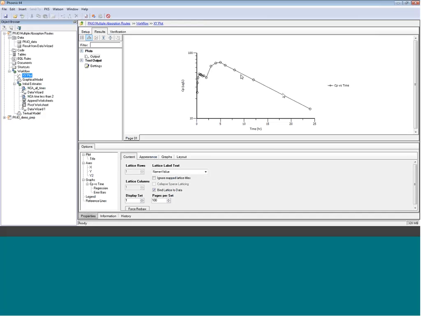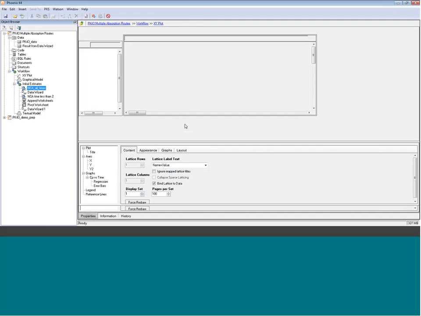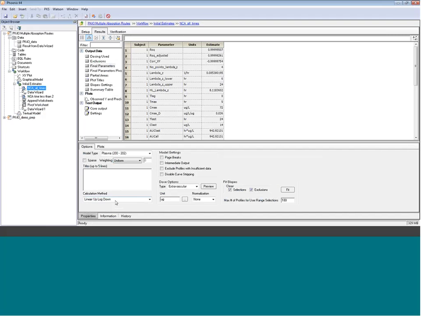The elimination phase is typically fit with a log linear regression, whereas the absorption phase might be fit with a linear. So when you choose the linear up log down method in the non-compartmental area calculations, it uses the linear trapezoidal rule when the concentrations are increasing, and it uses the log trapezoidal rule when the concentrations are decreasing. And since we had these multiple peaks in the profile, this is the reason the linear up log down was selected.